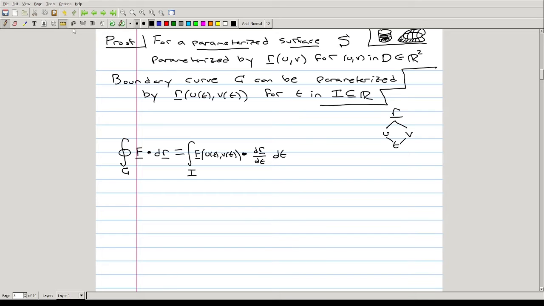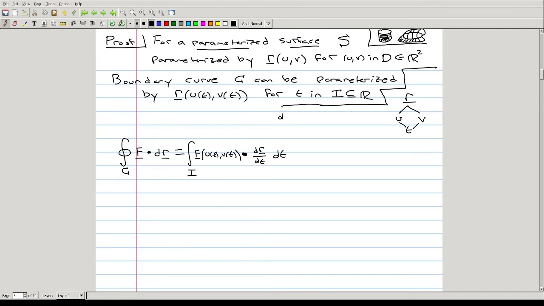So along our curve, u depends on t and v depends on t. So we've connected the fact that we have a surface r of u, v, and the boundary curve can be parameterized by choosing the correct u of t and v of t. But this means we have to use the general chain rule now when plugging in our derivative for our tangent vector dr/dt.